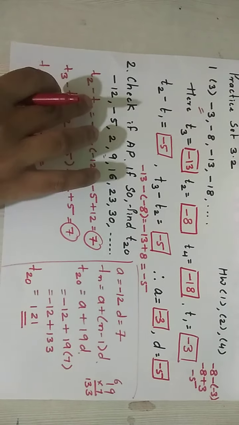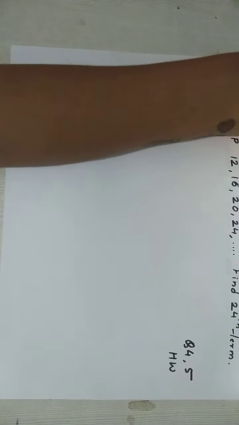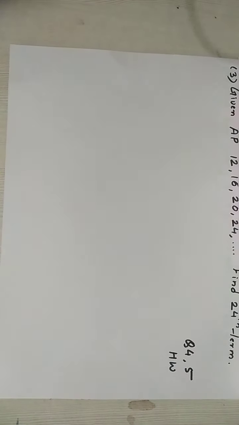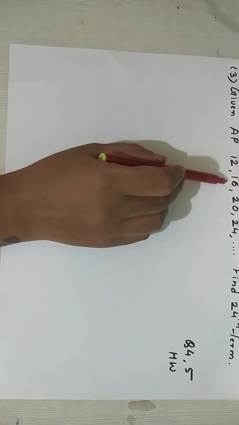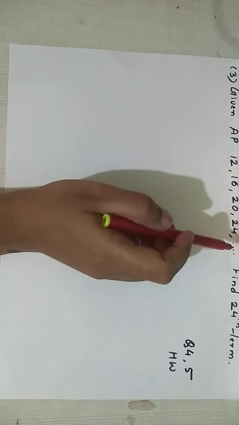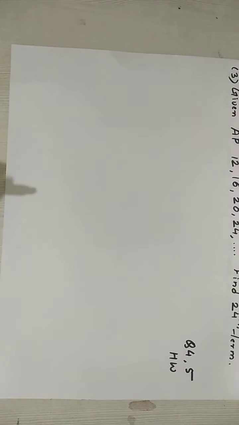Now the next sum. The next sum says you are given an AP 12, 16, 20, 24. And you need to find the 24th term.